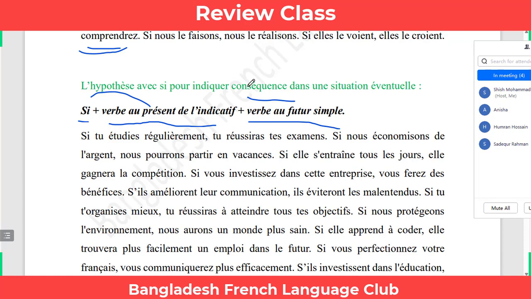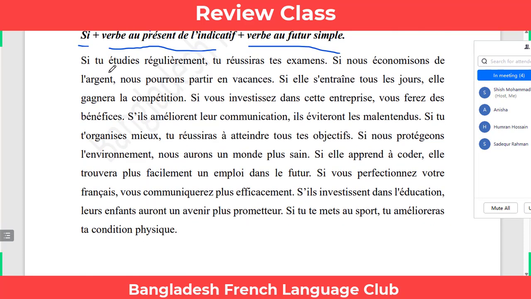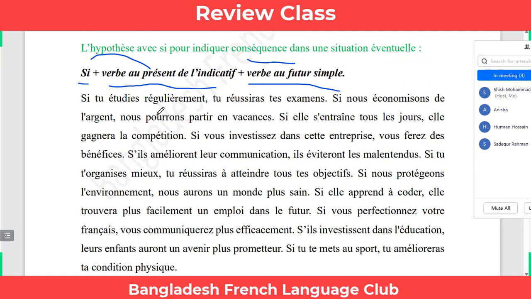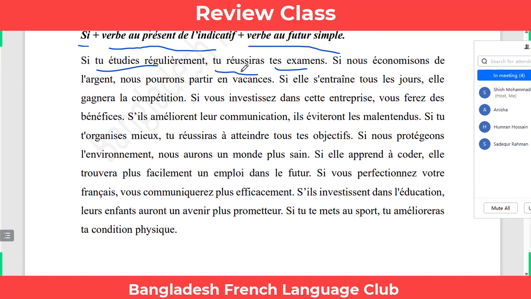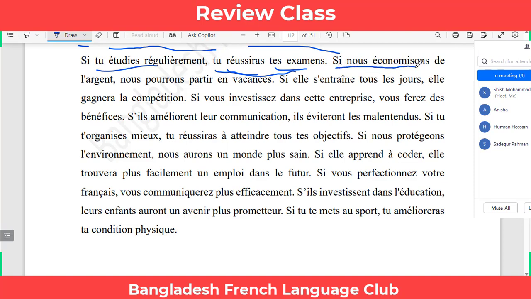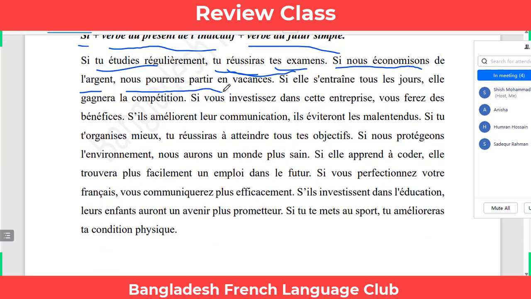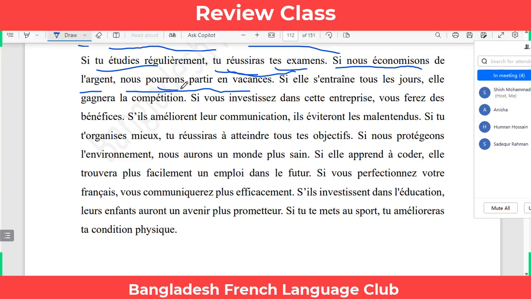Si tu étudies régulièrement, if you study regularly, present tense, tu réussiras tes examens, you will succeed in your exams. This is the futur simple. Si nous économisons de l'argent, if we save money, nous pourrons partir en vacances, we could leave for vacation. This is also futur simple.